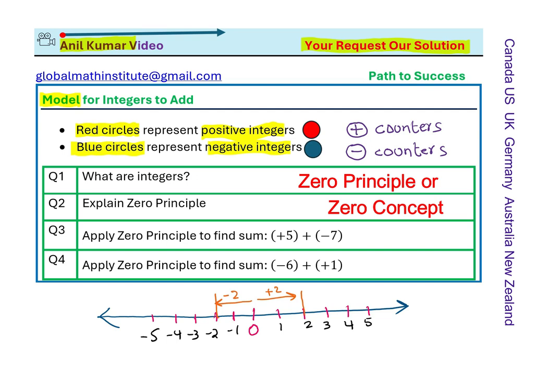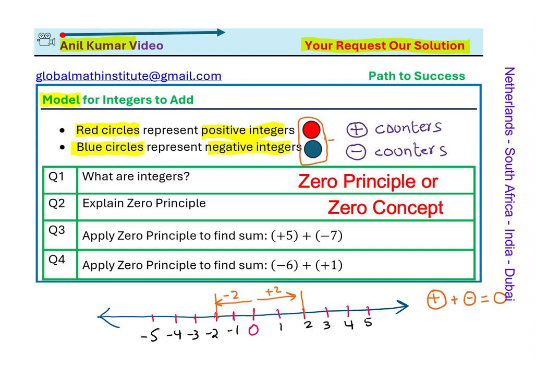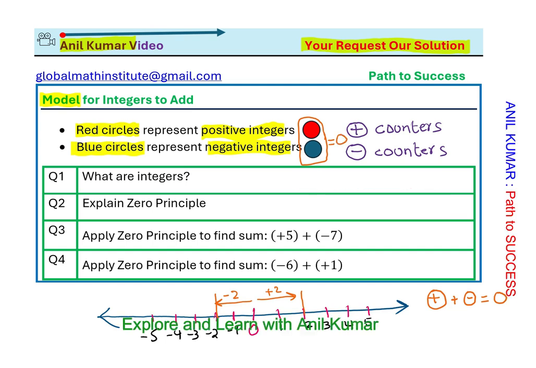If I do this operation, it lands up at 0. So the combination of plus and minus is equal to 0. That is zero principle. In the language of counters, if I add these two, 1 plus and 1 minus, what I get is a 0. So that becomes the zero principle.